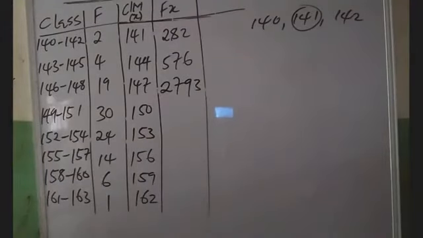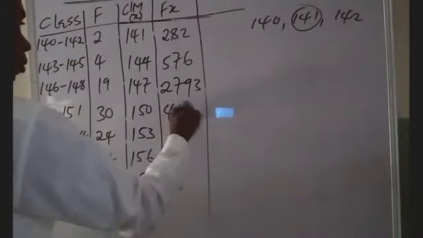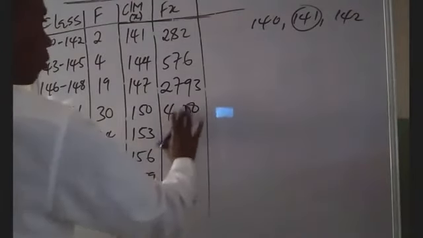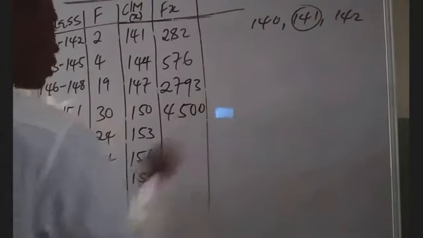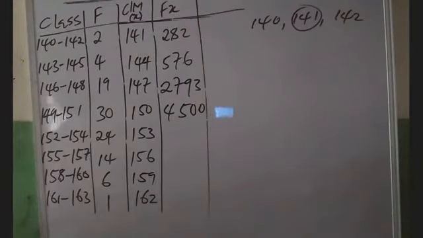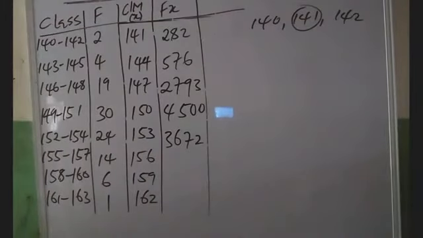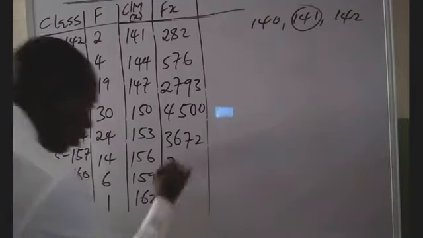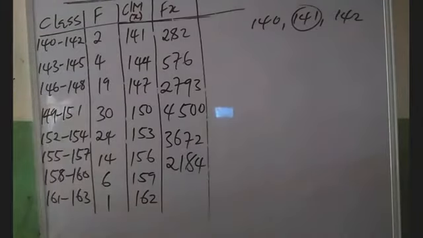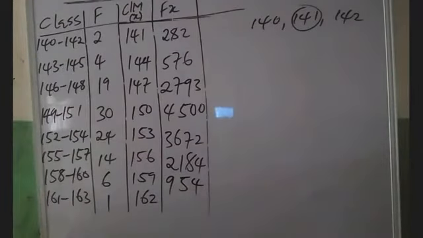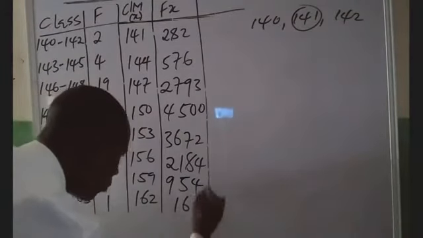Then 150 times 30 is 4,500. Then you have 24 times 153. That will give you 3,672. Then 14 times 156 is 2,184. Then 6 times 159 is 954. Then 1 times 162 is 162.